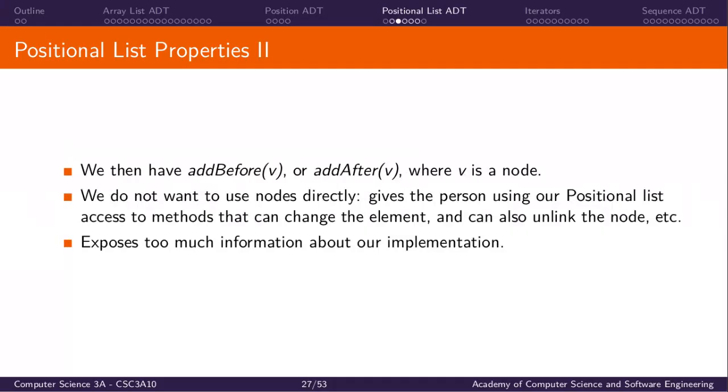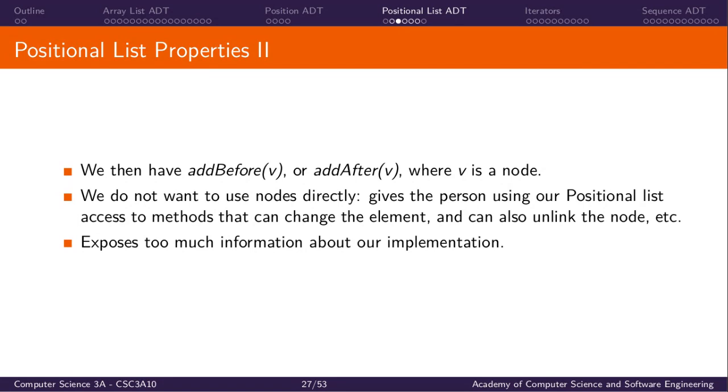Right, we then have add before v and add after v, where v is a node, right, if we're using a linked list. However, we don't want to do this. We don't want to directly access our nodes because that could then give access to all the attributes of our nodes, including their references. And so if one were to change those references or set them to null, it destroys our entire list.